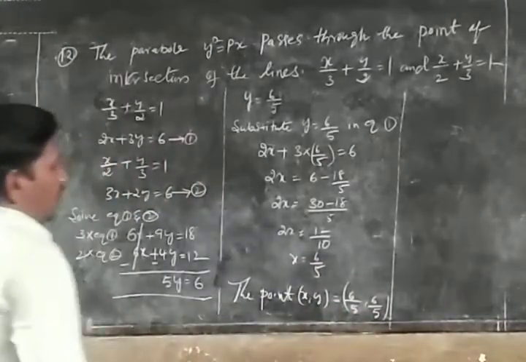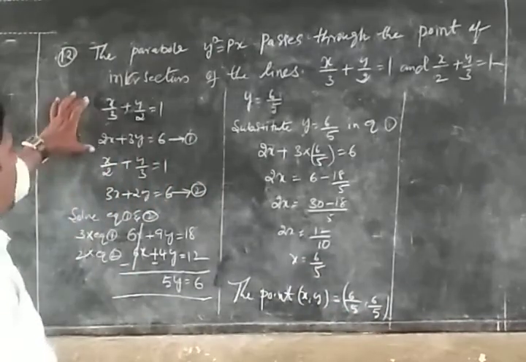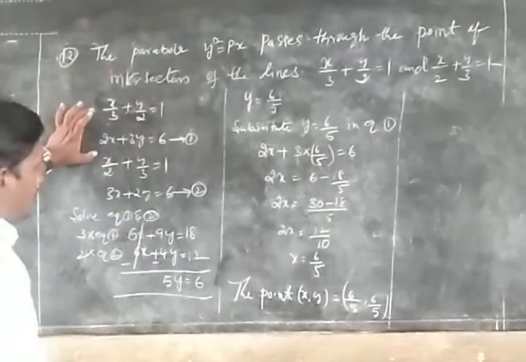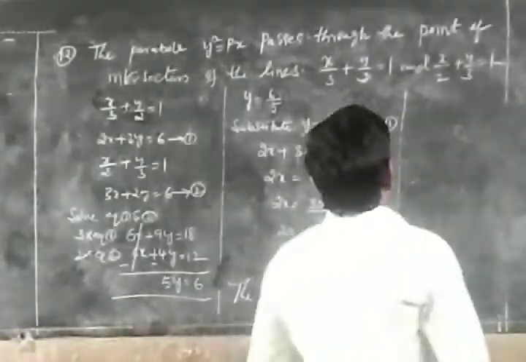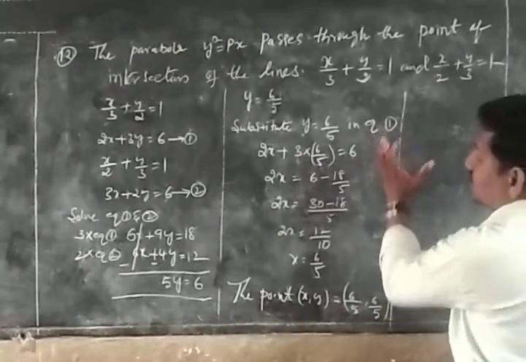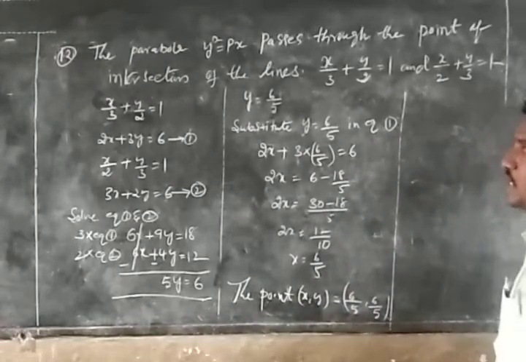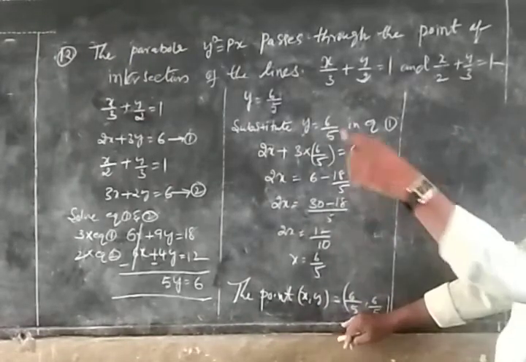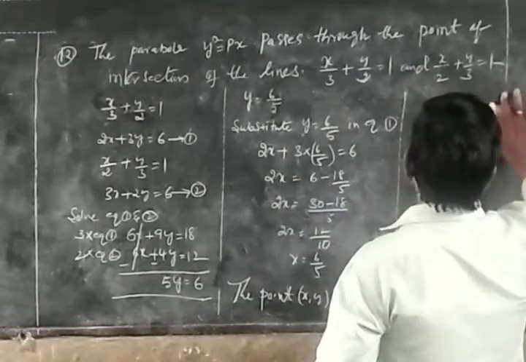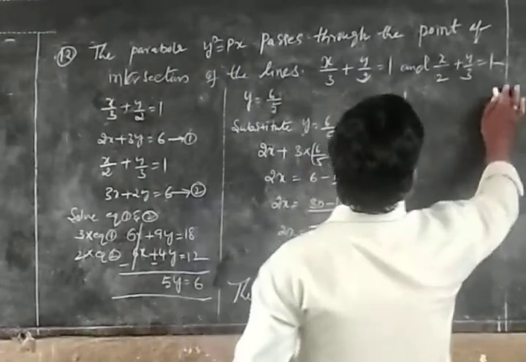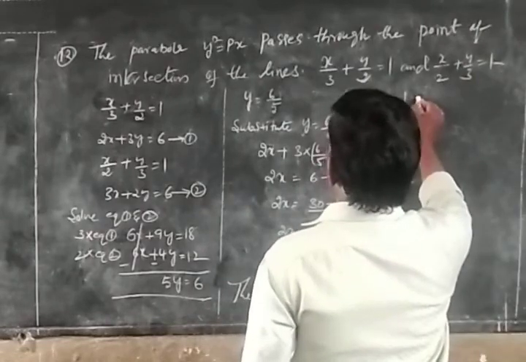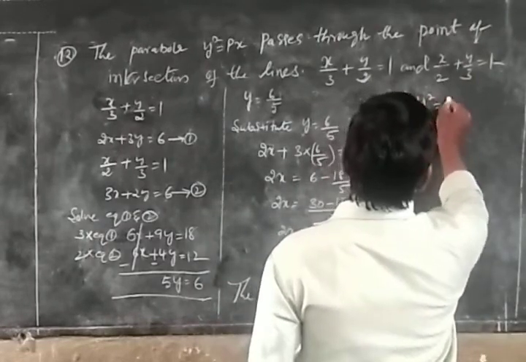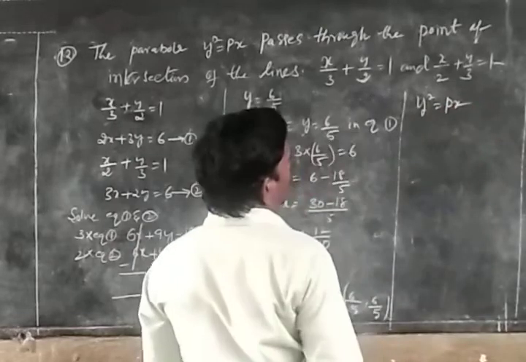So after solving the equations, we got x comma y values. The parabola passes through the point of intersection, that's why the point should satisfy the given parabola y square equal to px.